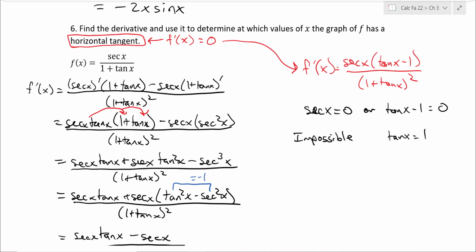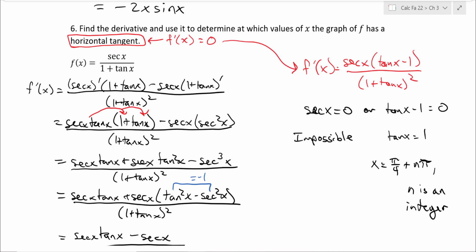And 1 and minus 1 will come at those multiples of pi over 4. Positive in quadrant 1 and 3, so x would have to be pi over 4 plus, I guess n pi would work, right? 1 pi, 2 pi, 3 pi, that'd get us halfway around the circle each time, where n is an integer.